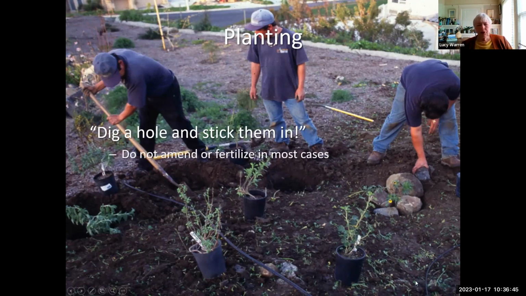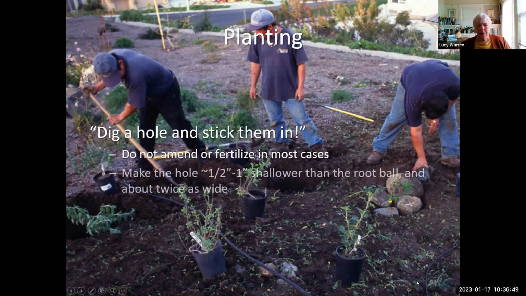And you don't want to amend them or fertilize them in most cases. Make the hole 1/2 inch to 1 inch shallower than the root ball, and then twice as wide. Then you're going to backfill with the soil that you took out of the hole. No other soil, just the soil that's native to the area where the plant is being put in.